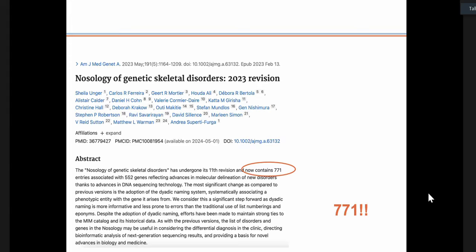So although we have an hour, which is generally longer than a lot of these talks, you will understand there's no way we can go through 771 conditions. So this talk is about giving you an approach that will help you narrow down at least to a group or a set of groups of conditions that you think the imaging of the patient in front of you might be representative of.